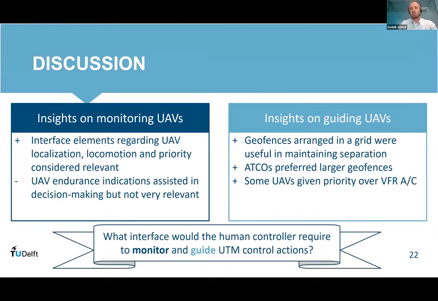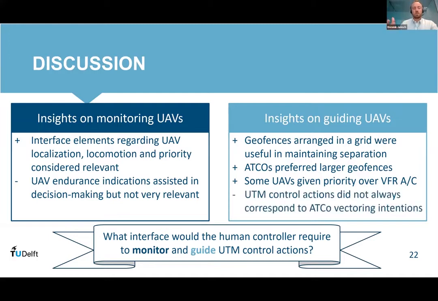But they mentioned that in particular cases, if they had a high priority UAV, they would have liked to be able to instruct a VFR traffic to orbit and let the UAV pass, rather than the other way around and giving priority to the traffic which has a human on board. This was really interesting feedback that we received unanimously from all of the participants, and I really wanted to highlight this in this section.